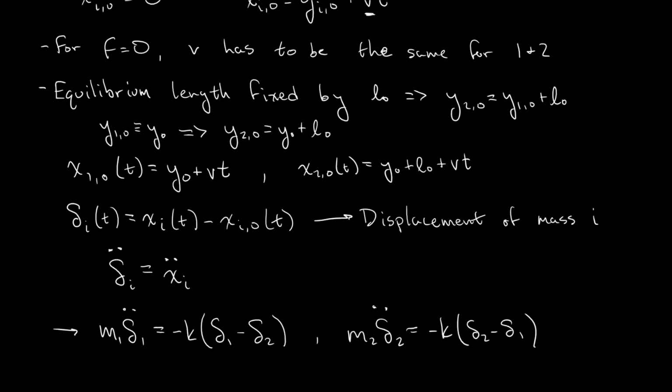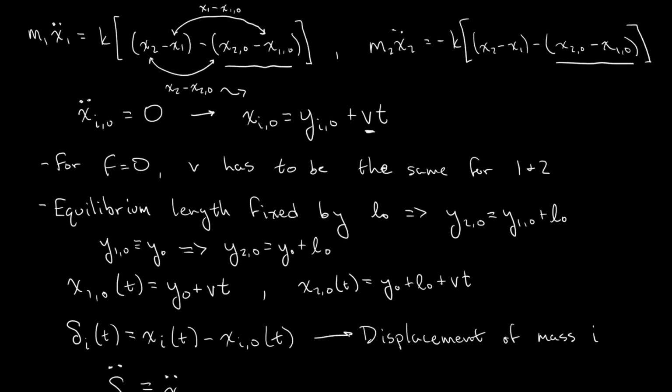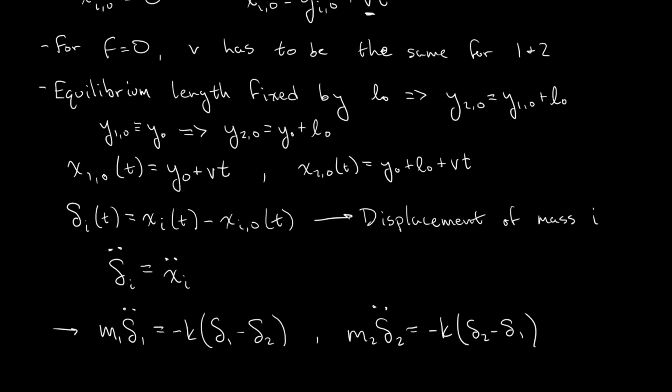You can see that the forces on each one are still equal and opposite, all of that stuff. It's just that now things are far simpler, so we can solve for delta instead of having to deal with all of these weird offsets and all of this nasty stuff. And then at the end of the day, if we want to find the absolute position, we just plug back in our offsets, which we already found. Okay?